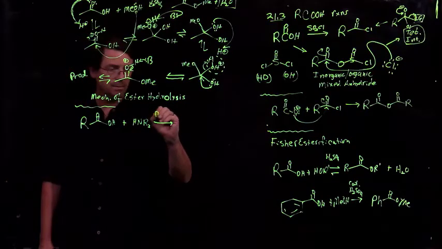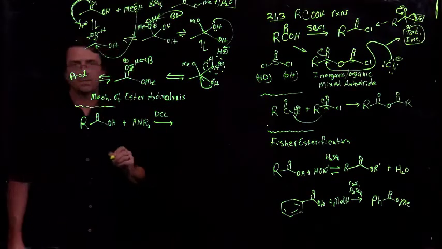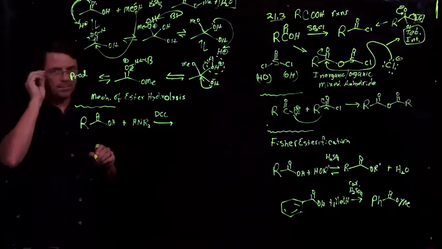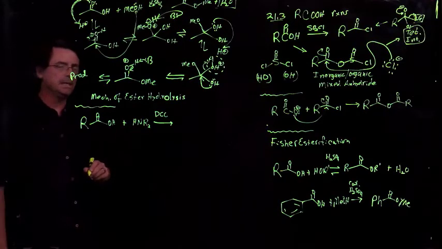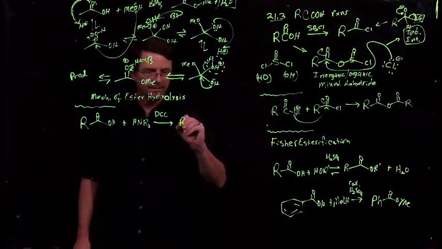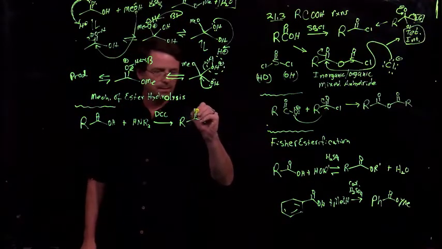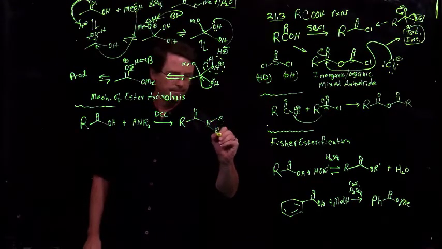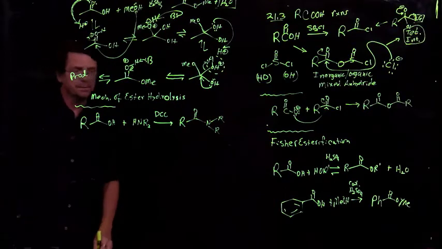And we do this with what's called DCC. I'll show you what that abbreviation means in a minute. Again, you can use abbreviations, but they must have chemical structural meaning for you. This will then produce an amide, and this is a commonly used reagent and method.